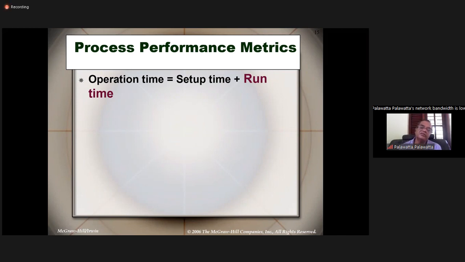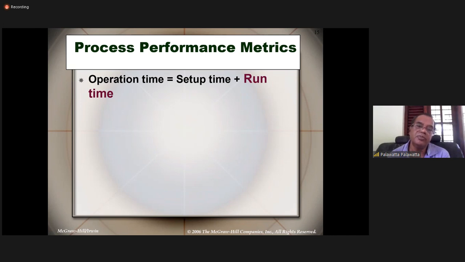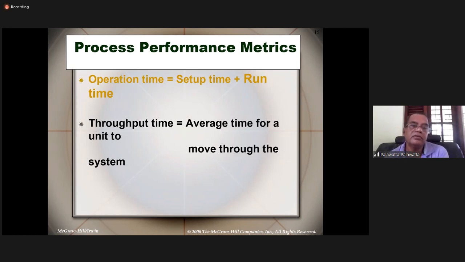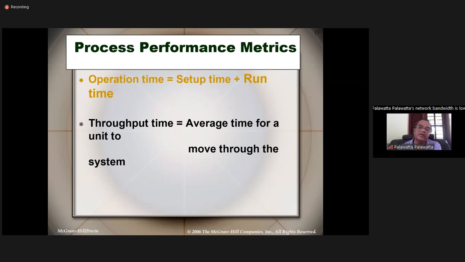Run time is the time actually spent on producing the particular item. Then throughput time equals average time for a unit to move through the system.